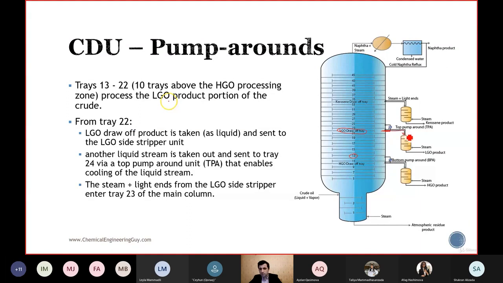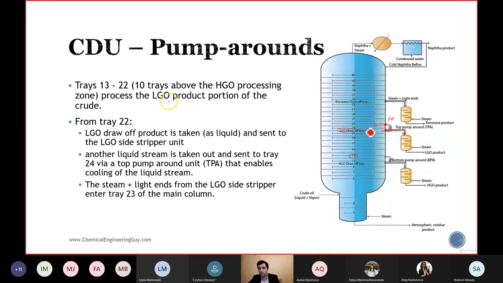You can see here, this is pump around. We have a heat exchanger here, and the colder LGO stream is sent back to above 24. So it cools down. If we see that we need to cool down the temperature at 24, we increase the flow rate of this pump around.